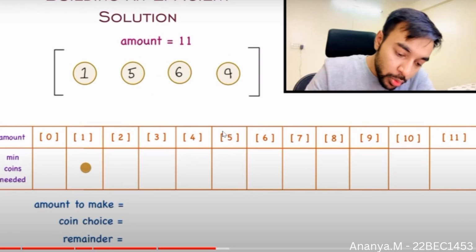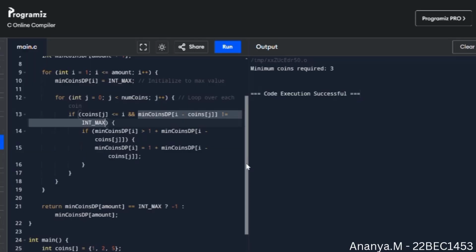So for instance, if 5 cannot be realized using any of the elements in the coins array, it will just remain as int max. Then if we move on to the next element, which is 6, we have to use the result of the previous array element to calculate it, right? If that is int max, we cannot calculate this value. That's why we're utilizing the condition that the previous element should not be equal to int max.